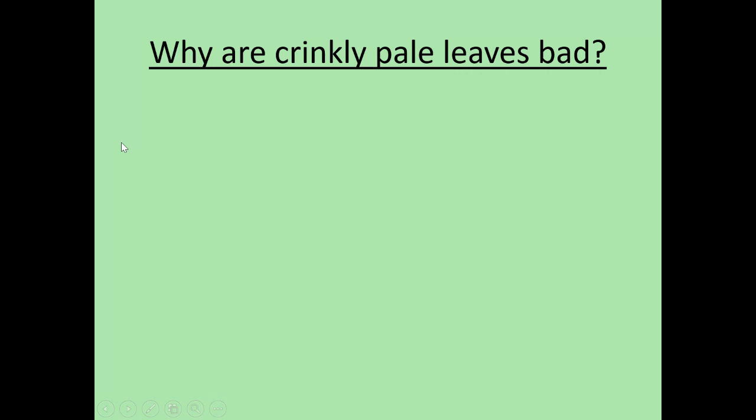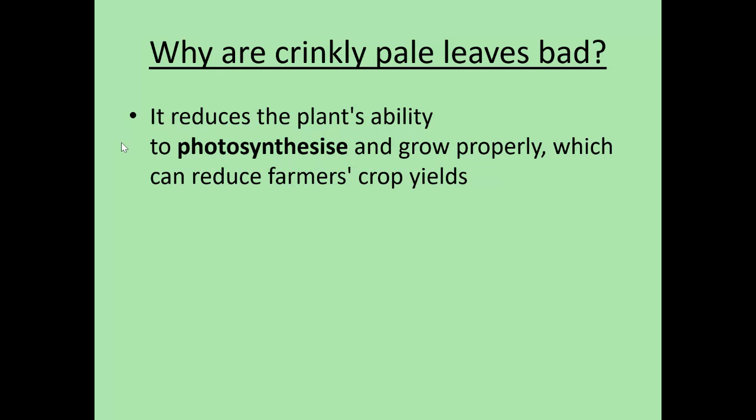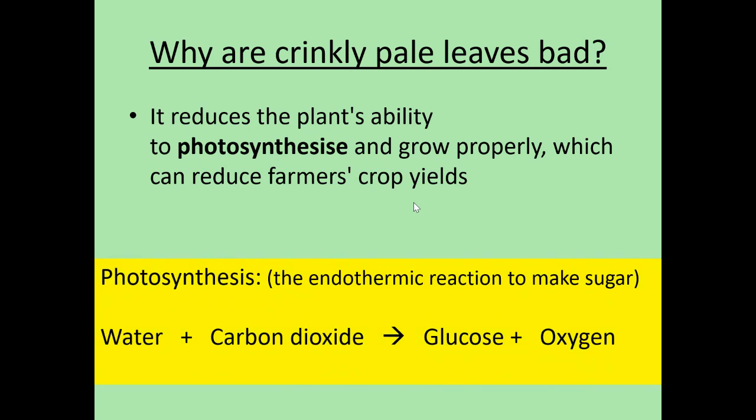Why are crinkly and mosaic patterned pale leaves bad? Well, hopefully we can link this back to the chemical reaction photosynthesis that we learnt about in the plants 1 topic. This reduces the plant's ability to photosynthesize, which means it cannot grow. This will reduce the farmer's yield.